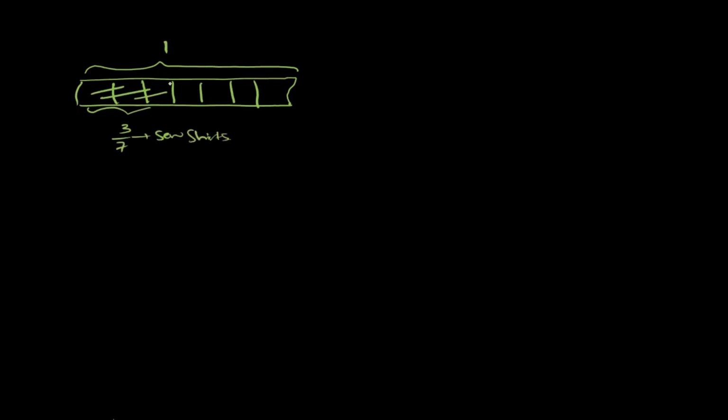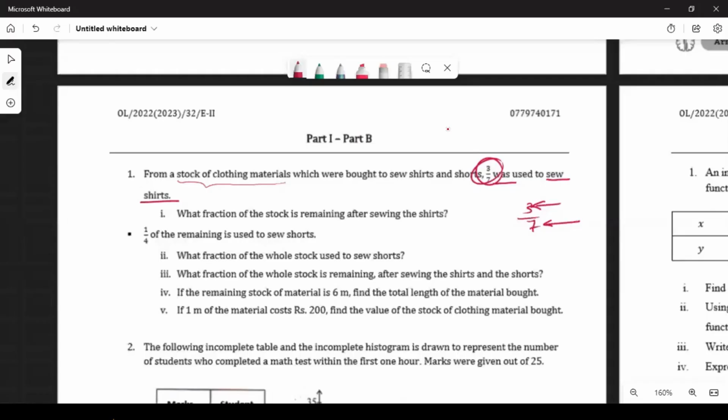From this diagram itself, you can see what is remaining: 1, 2, 3, 4. 4/7 is remaining. This will help you to evaluate your final answer. Right, here the first question is that one only.